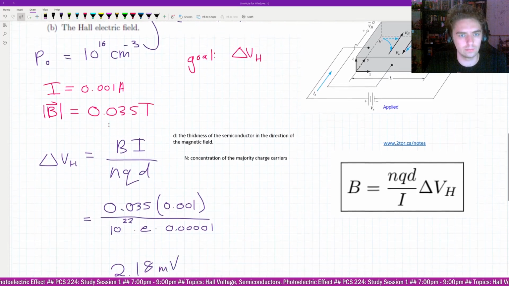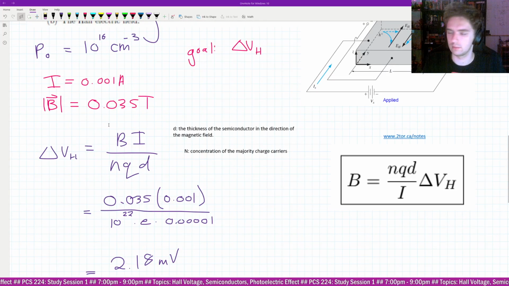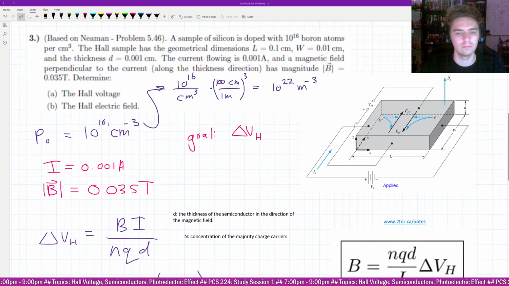Okay, I've got a question. When we were doing that conversion for PO, because it was cubed, I was thinking of multiplying by 1,000 centimeters per 1 meter. In this case, would it be 10 times 10 times 10 instead of just 10 raised to the power of something?